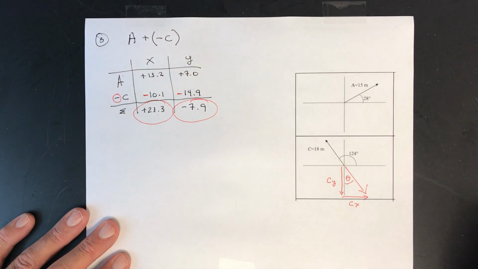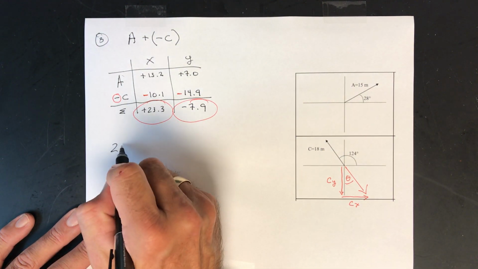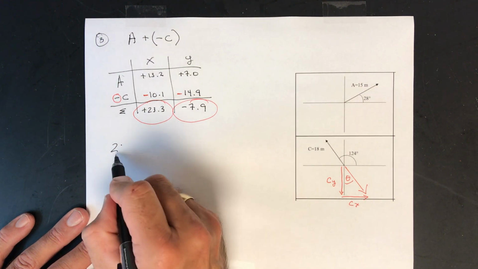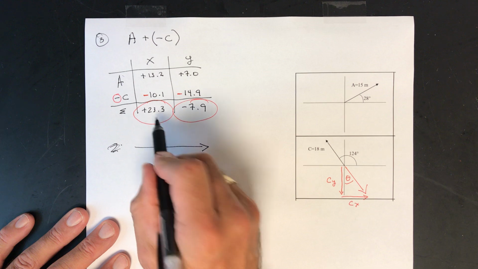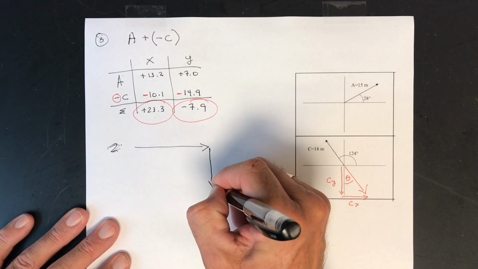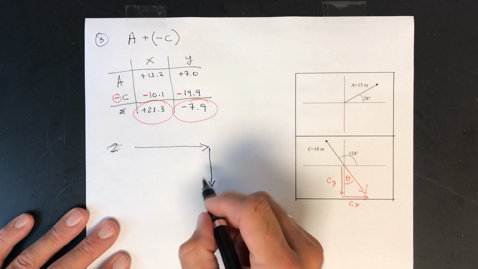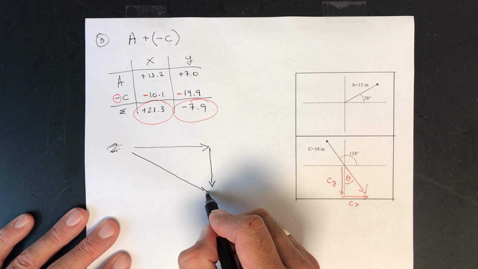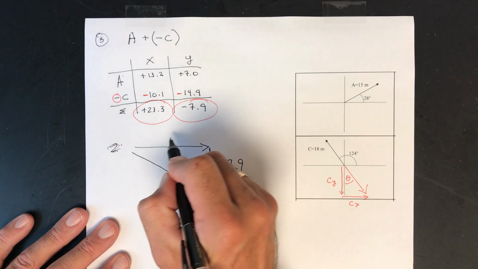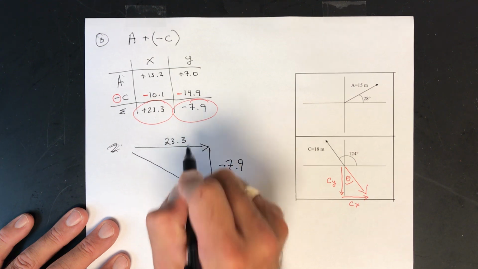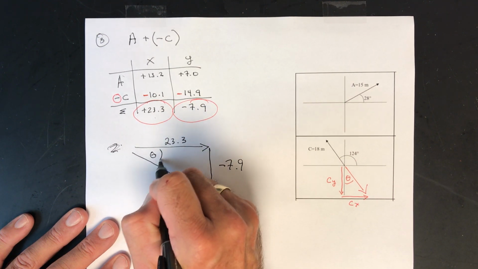Okay, so we set that up. Let me sketch it first of all. We have the x component, which is positive, and the y component, which is negative. So this puts this vector in quadrant 4, negative 7.9 and 23.3. And that's where I have my theta.